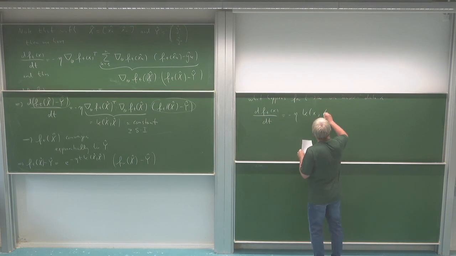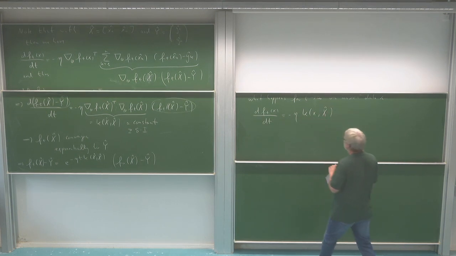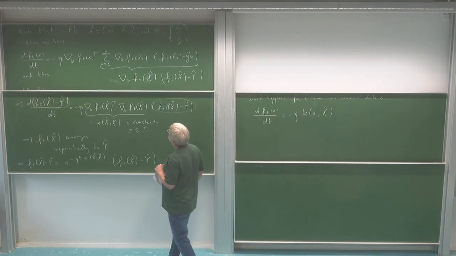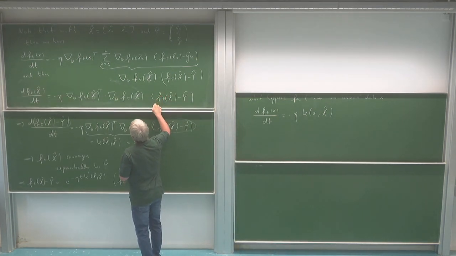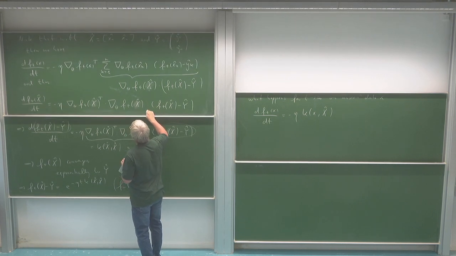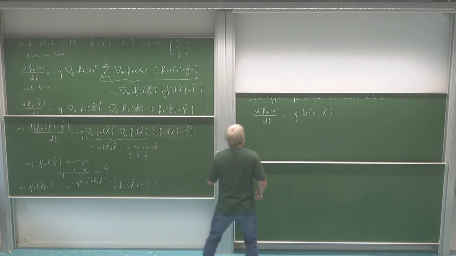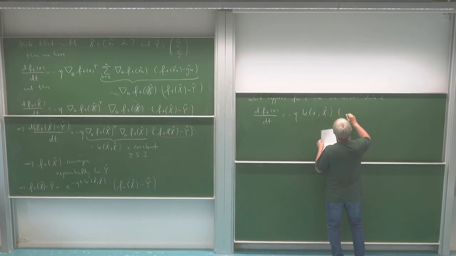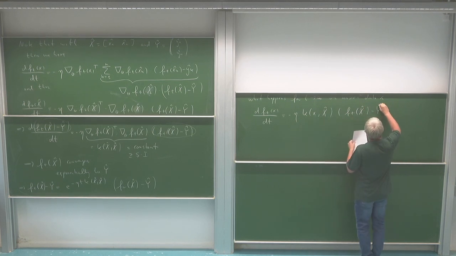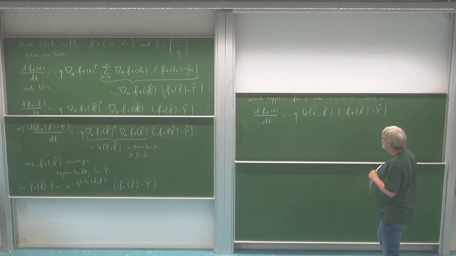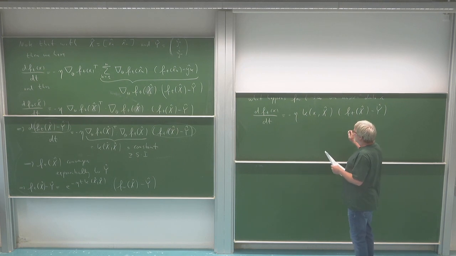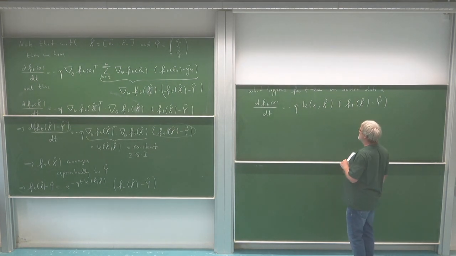And the second argument is this x hat here. So this is just this equation here where I'm putting here the x hat. Okay, and then I have here ft of x hat minus y hat. Yeah, okay, so that's the general equation.